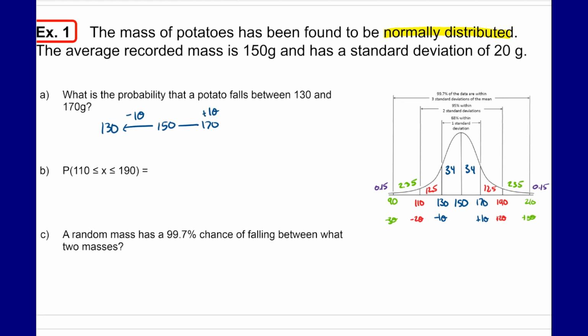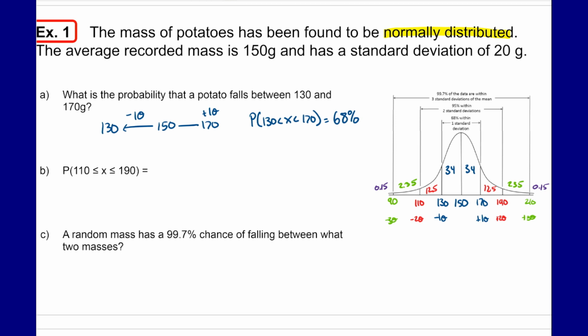So we're within one standard deviation, so that's 68%. The probability of our value being between 130 and 170 is 68%. We could say 0.68.